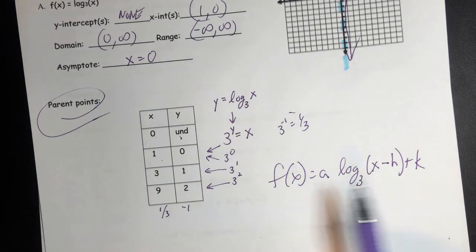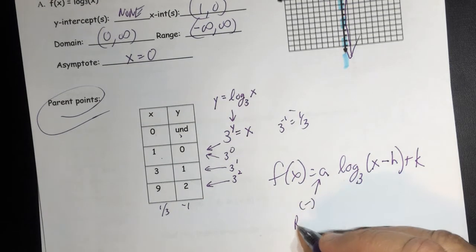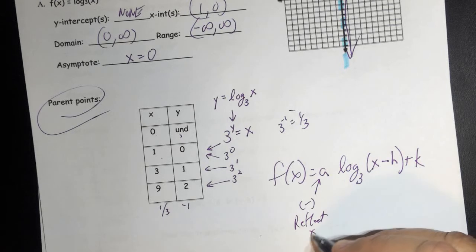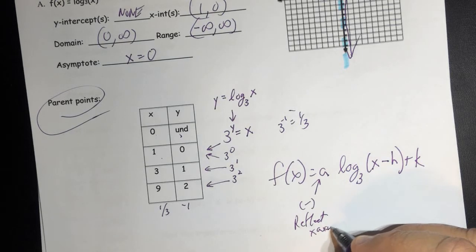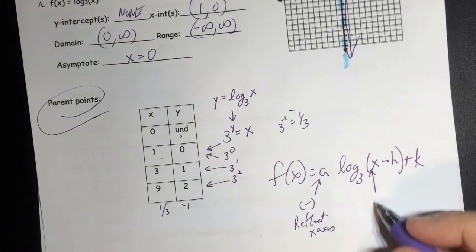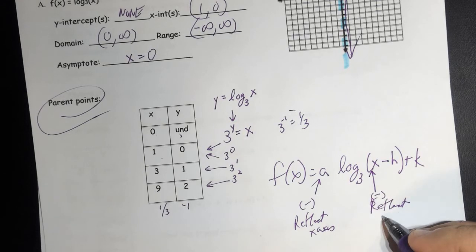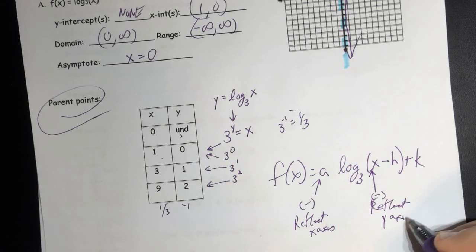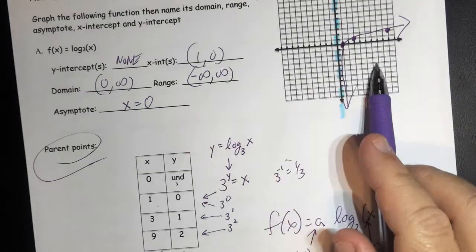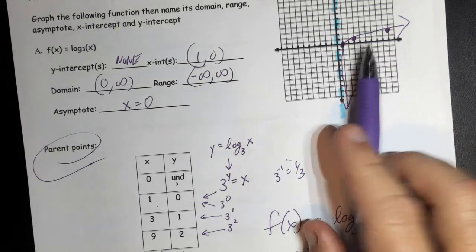Remember if a is negative, it is a reflection over the x-axis. If there is a negative in front of the x, that would be a reflection over the y-axis, and that's the only thing that would actually flip this to the other side. Then my domain is going to change. Range is still going to be the same.